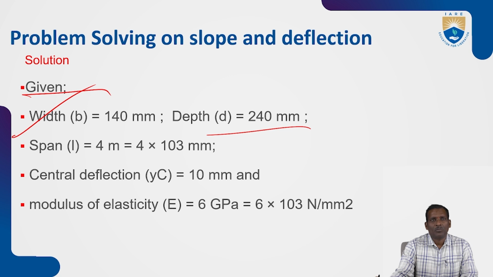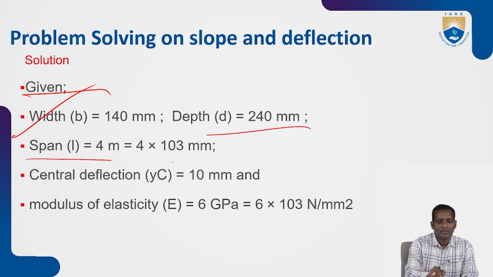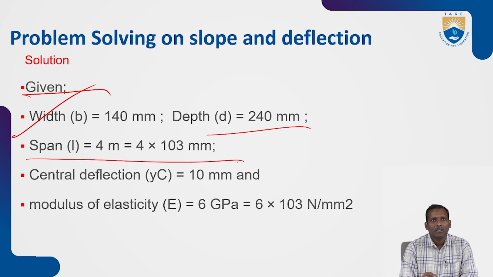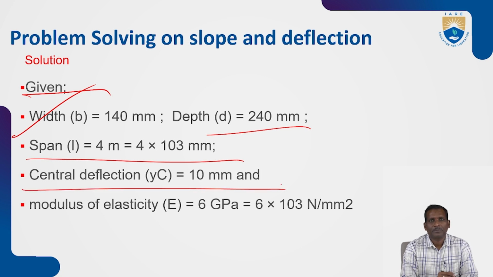The span is 4 meters. The central deflection is 10 mm. The modulus of elasticity is 6 gigapascal. They gave it in gigapascal, so 6 into 10 cube Newton per mm square.